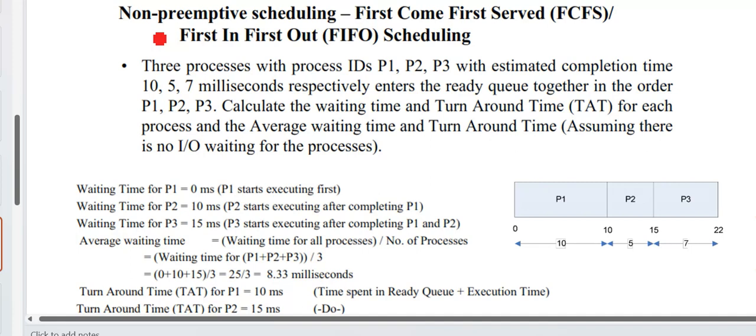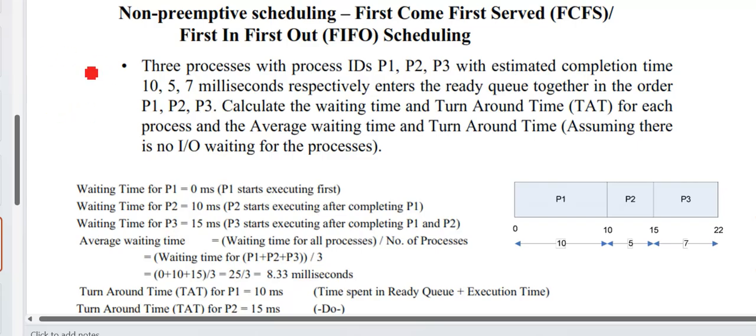In preemptive, if a higher priority task comes, it immediately preempts the old running task and starts running. Preemptive is there in your syllabus. So let us go first with the non-preemptive scheduling outside the syllabus, which is first come first serve or first in first out scheduling.